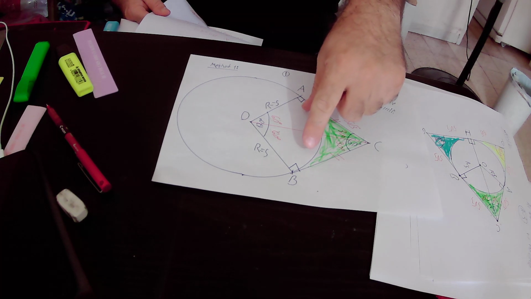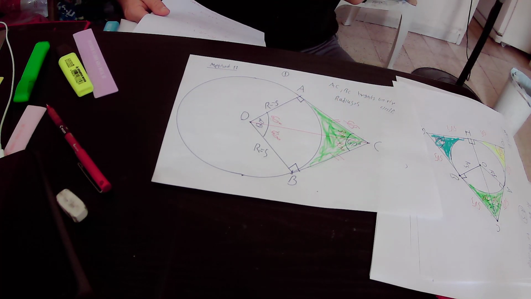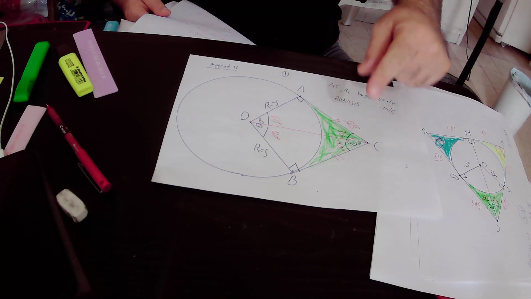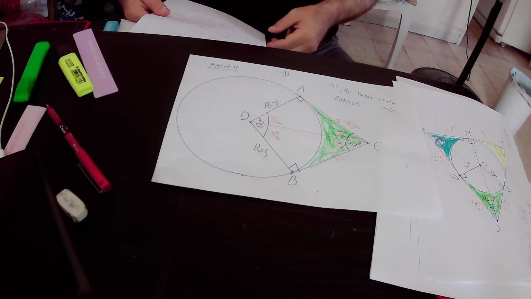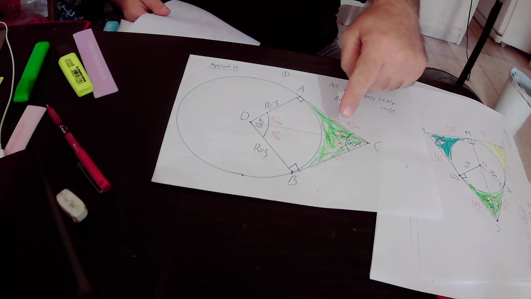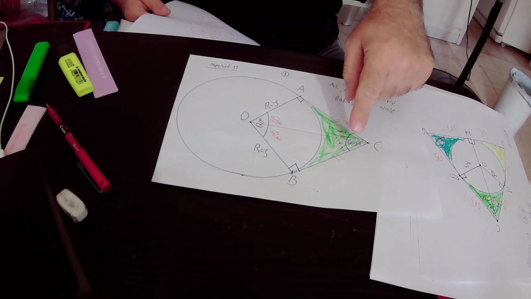Those two triangles are congruent to each other according to the side rule. Therefore, angle OCA equals angle OCB. Those two angles are equal to each other according to the rule that corresponding angles in congruent triangles are equal to each other. So if this angle is x, then the other angle will also be equal to x.